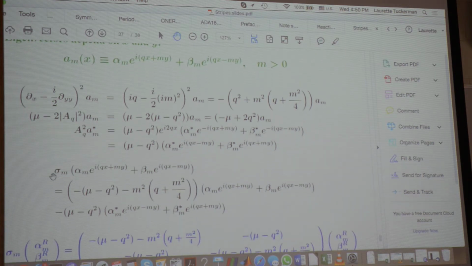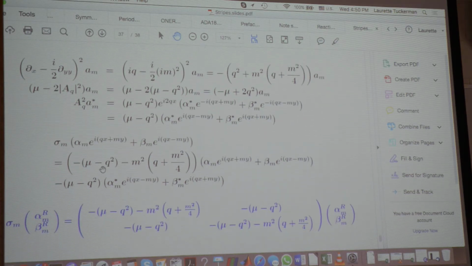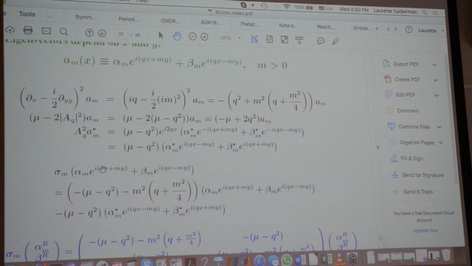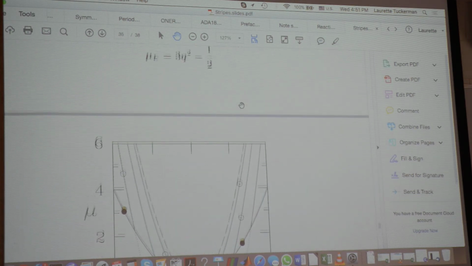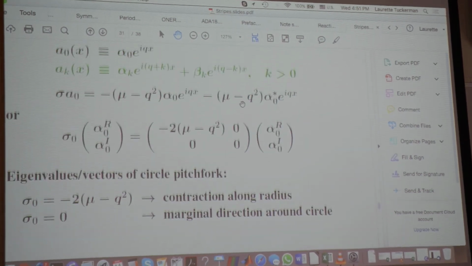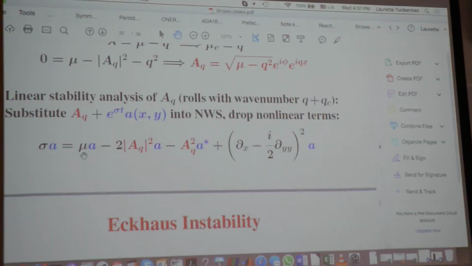So now putting everything together, we have the d by dt, which brings down the sigma. We have this term here and this term here. Let's go back to the equation. We have a mu.